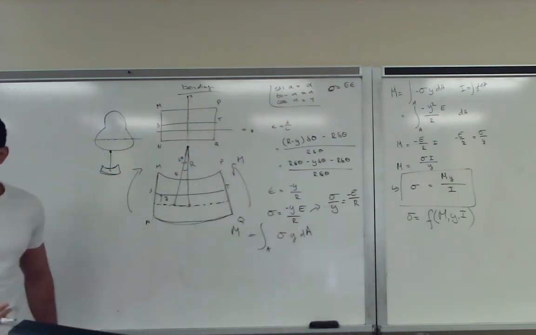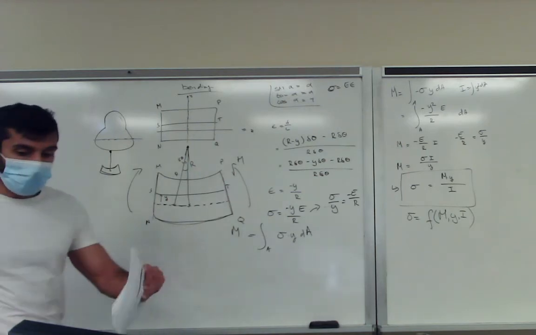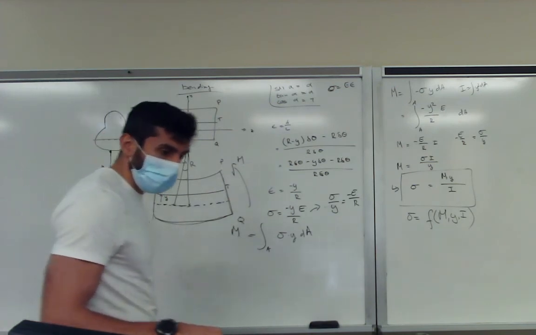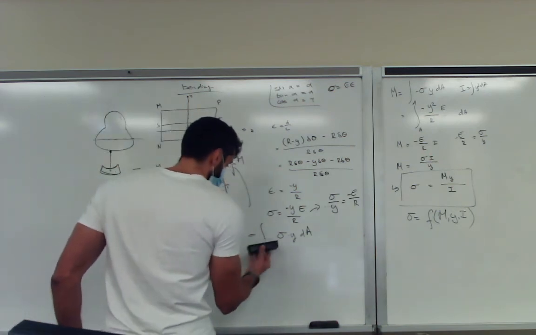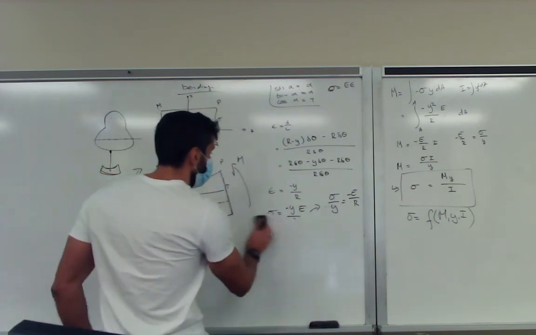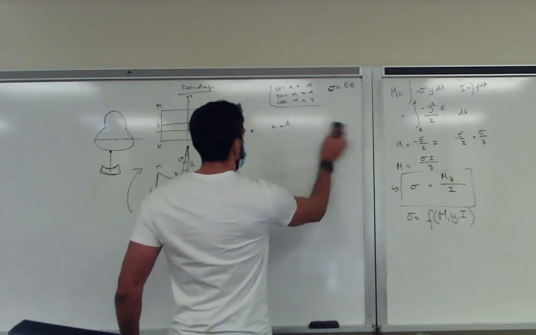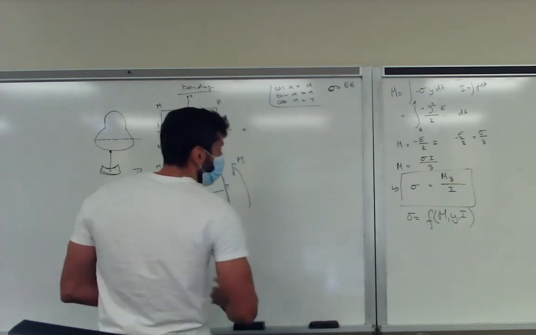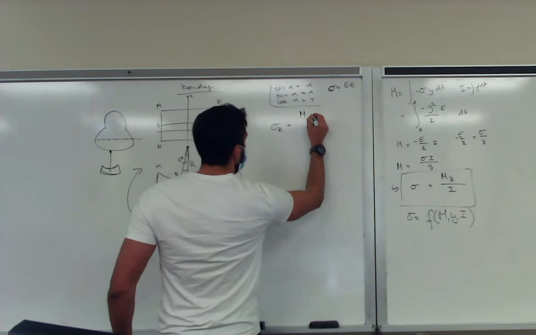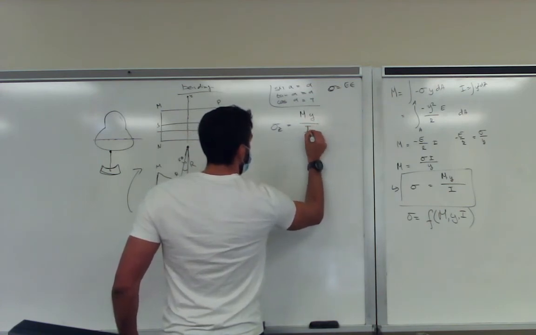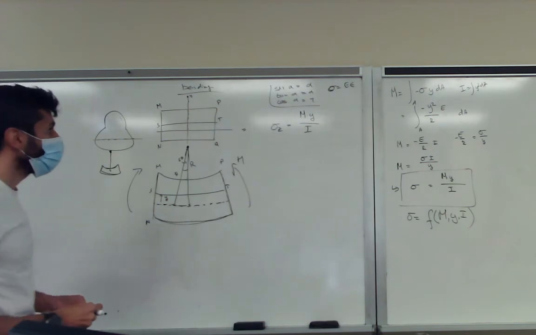So now, as we are given a moment, and we know our cross sections, we can determine where the stresses are due to that moment. And there's a couple of other things that this tells us. Let me just wipe this off. And we write out, to be exact, this is our equation.